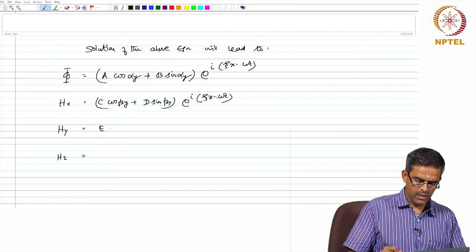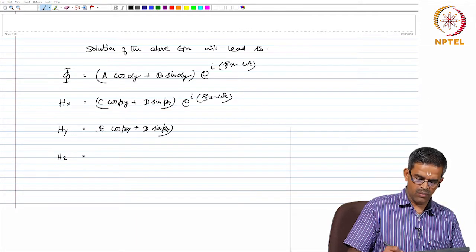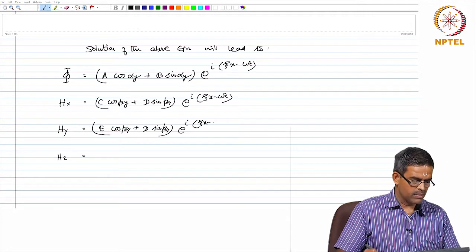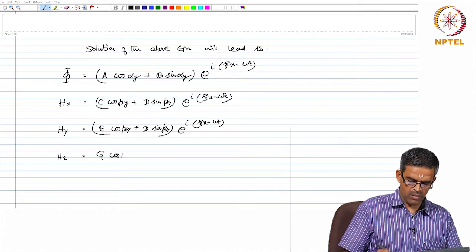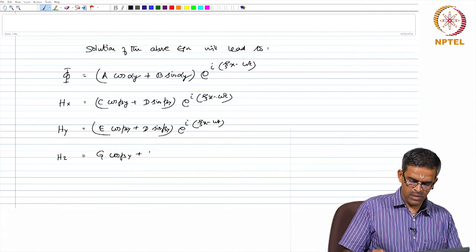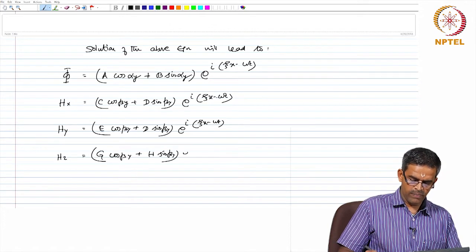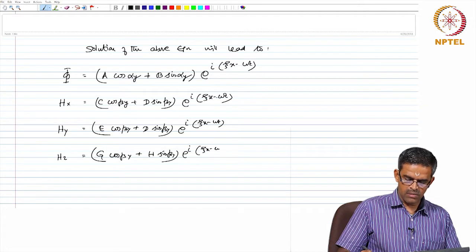Similarly, E cos beta y plus F sin beta y e to the power i zeta x minus omega t, and G cos beta y plus H sin beta y e to the power i zeta x minus omega t.